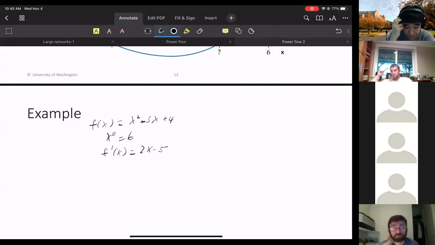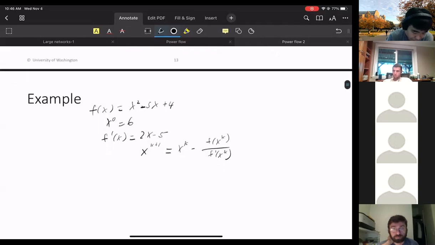So let's do our iteration. We have xk plus 1 equals xk minus f of xk divided by f prime of xk. Let's see what happens.